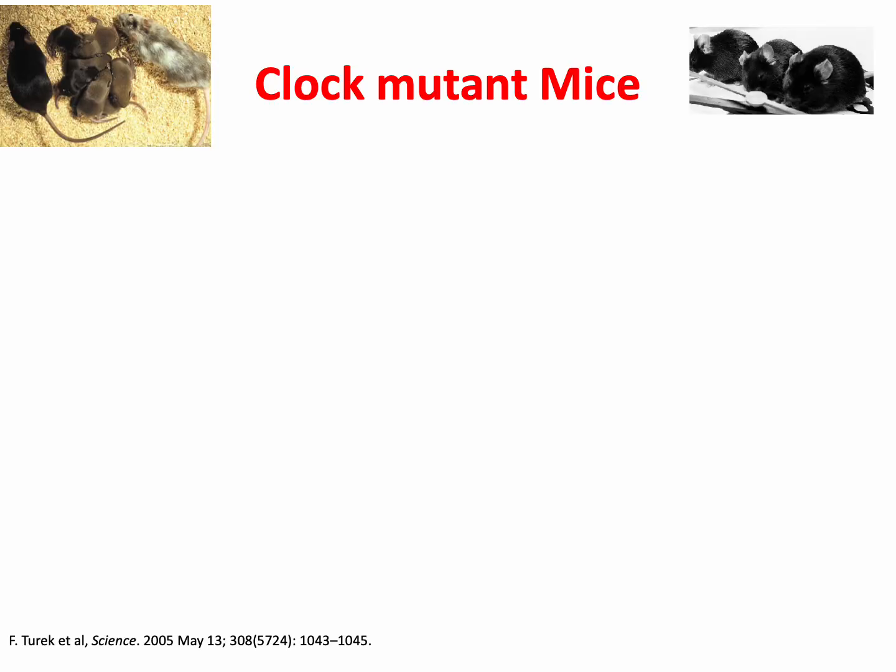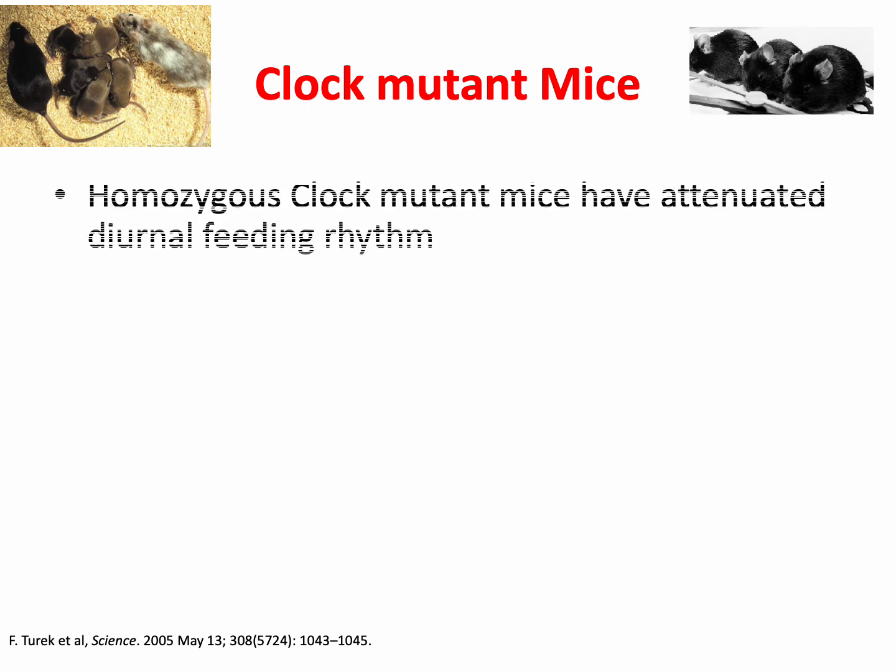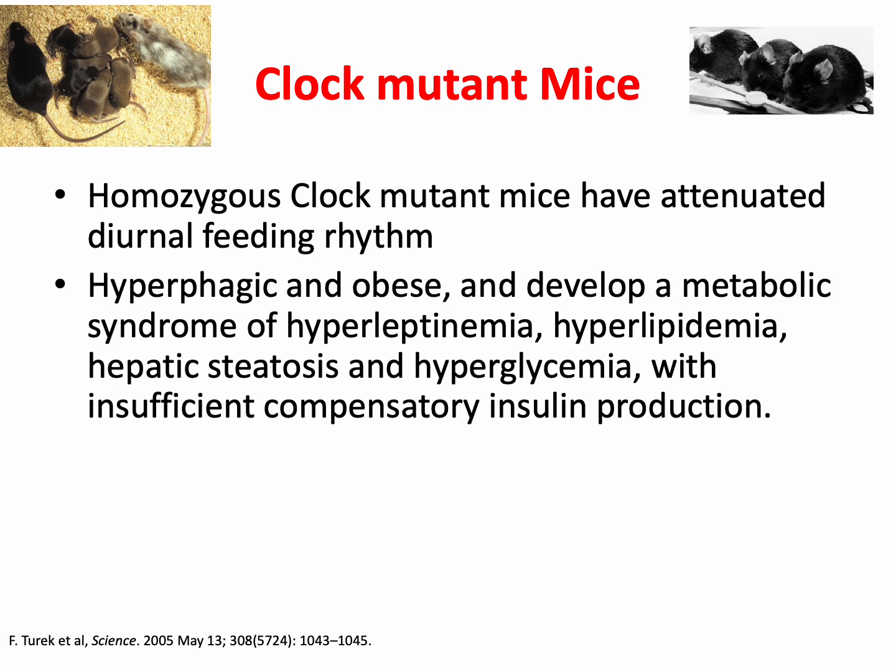Now let's go first with the clock mutant mice studies. These are animal studies. Homozygous clock mutant mice have a greatly attenuated diurnal feeding rhythm. They are hyperphagic and obese and develop a metabolic syndrome of hyperleptinemia, hyperlipidemia, hepatic steatosis, and hyperglycemia with insufficient compensatory insulin production.